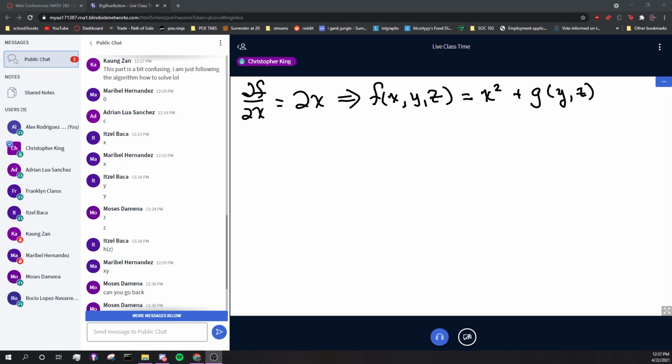Right? So now we're going to take the partial of f with respect to y. Well, if we do that, we're going to end up with the partial of g with respect to y, and this is going to be equal to the next component, which is negative y squared.